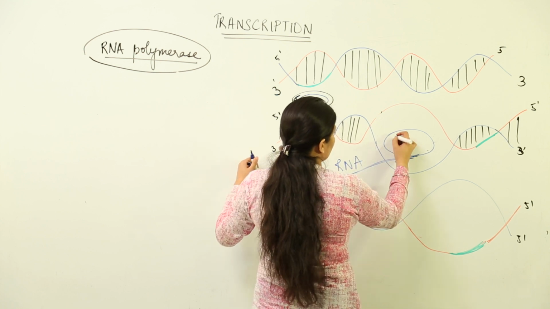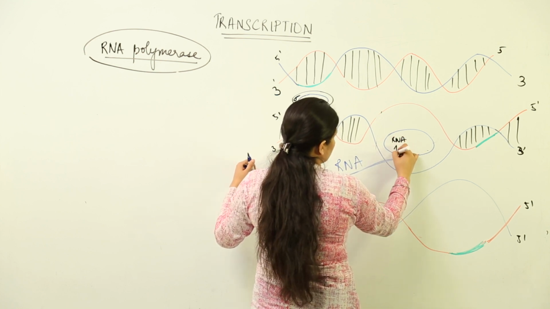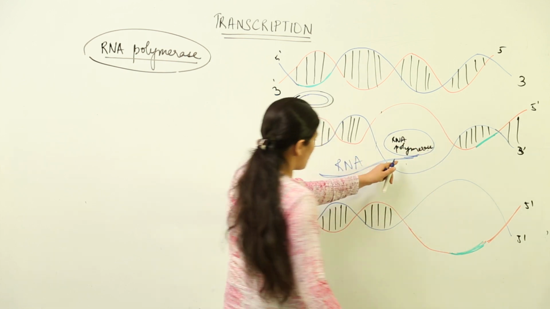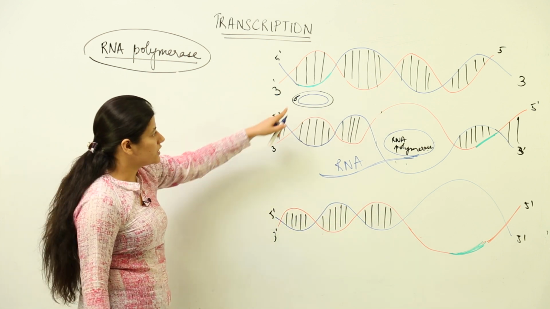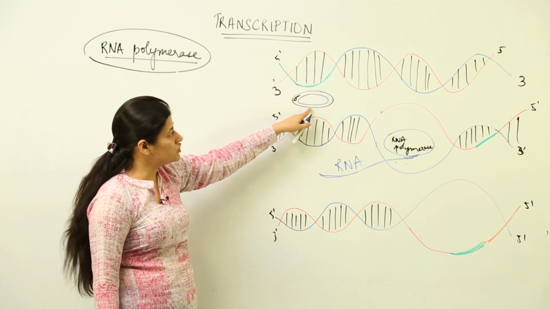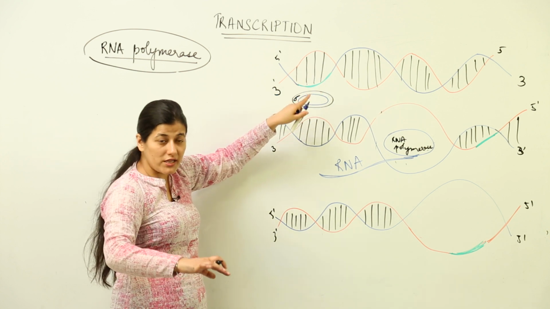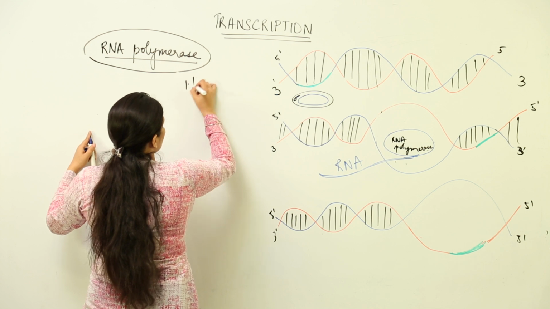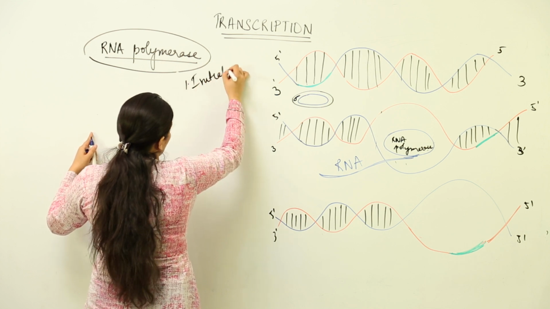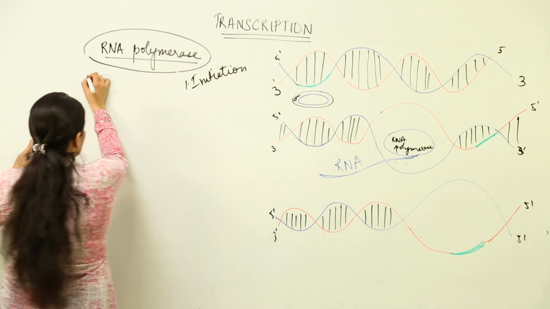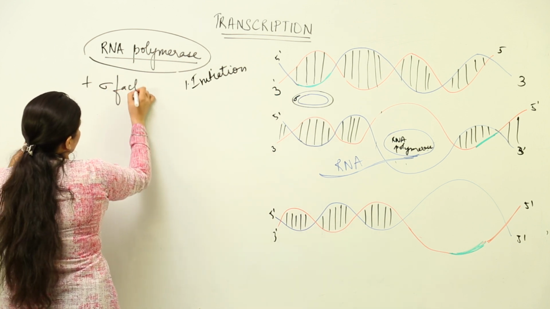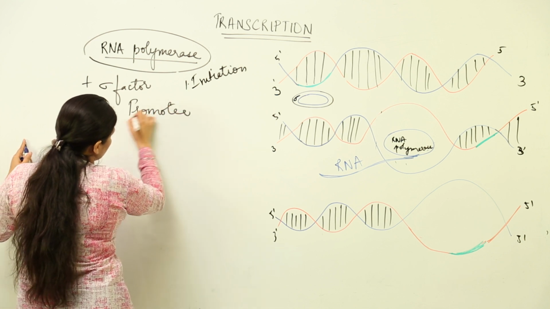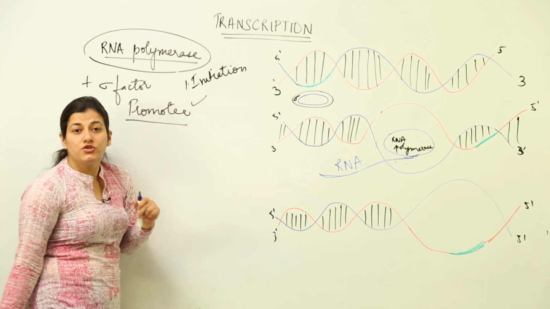This is RNA polymerase that is uncoiling and forming the RNA transcript. This identifies the promoter region, it enters it, it uncoils, it starts forming the mRNA. So this point is the point of initiation where RNA polymerase combines with sigma factor, identifies the promoter sequence of the transcriptional unit and starts the transcription.